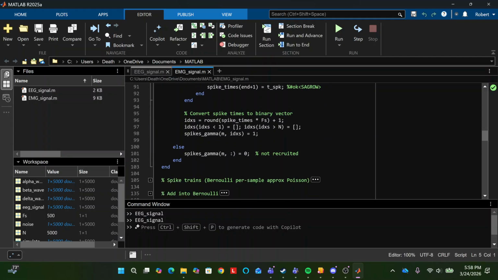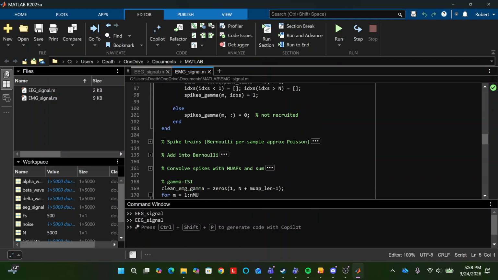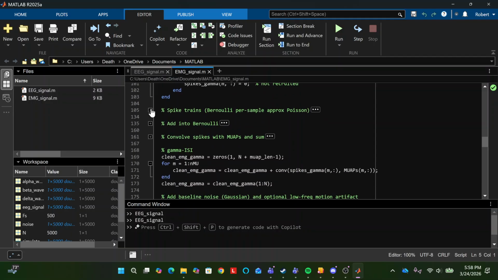Then we convert the spike times to binary vectors. So we're actually going to take those spike times that we have. These spikes are relating to, like, if your muscle's moving. So we have these spikes in our muscle, or signals being sent to our muscle, and that's what these spike times are. Now they're going to be converted to binary vectors. And then we're going to look at the ones that are not recruited yet. And then we could also do Bernoulli.